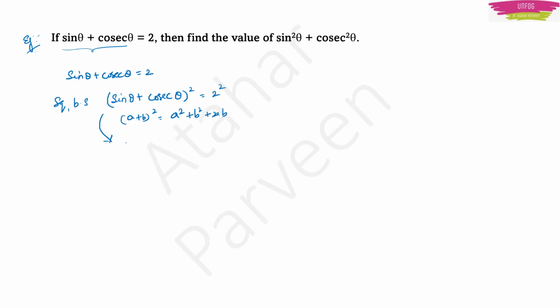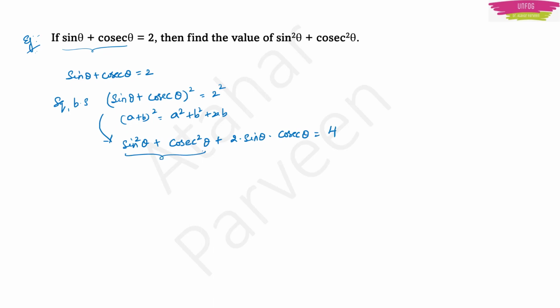So you do that here. It will become sin square theta plus, sorry, not cos, it is cosecant square theta plus 2 into sin theta into cosecant theta. In the right hand side you have 4.